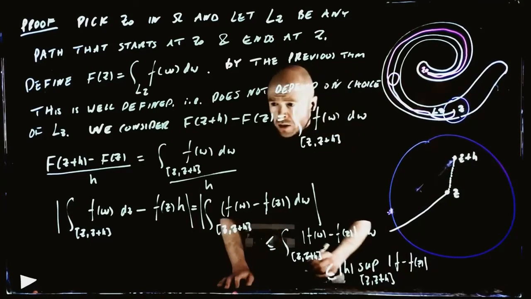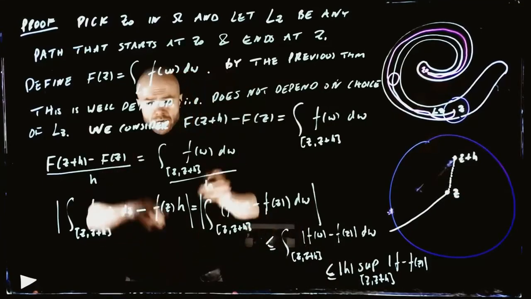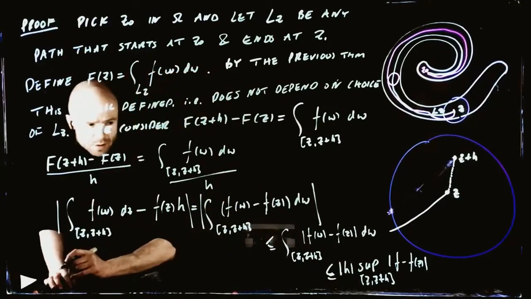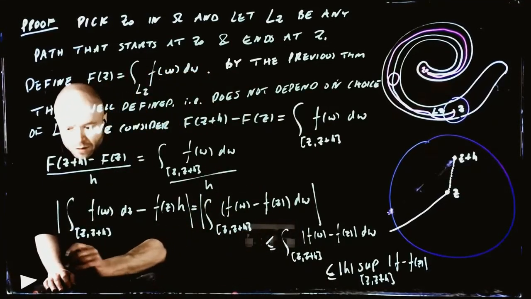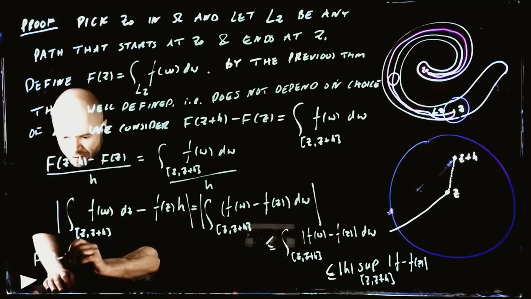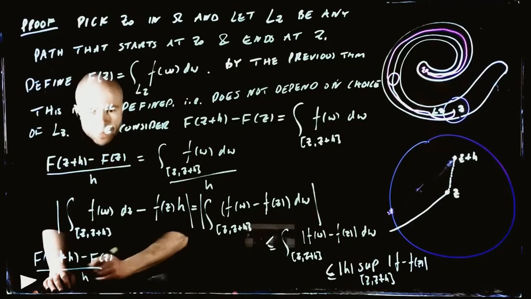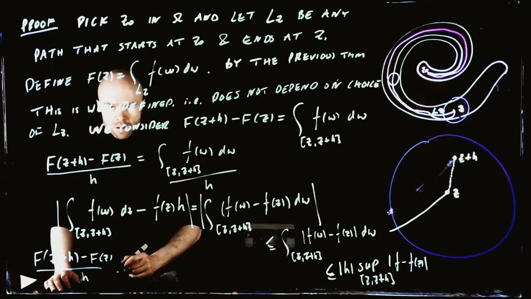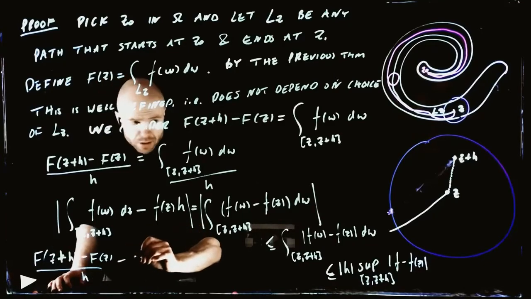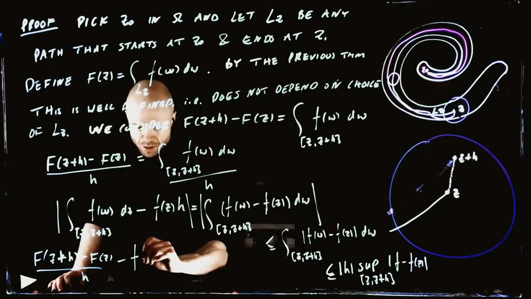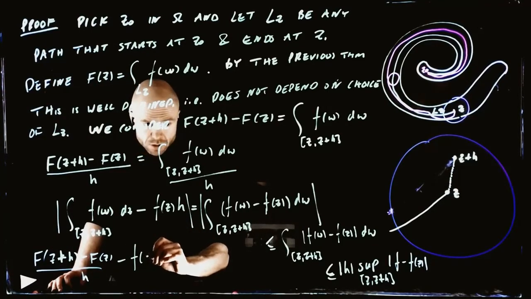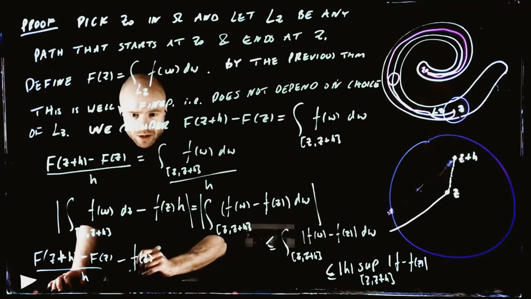So when we take this expression, capital F of z plus h minus capital F of z over h, minus just f of z itself, right?